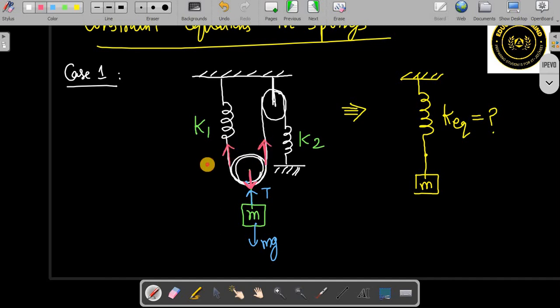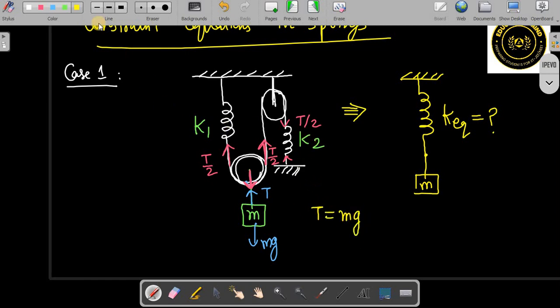It is balanced, so the tension in the spring will be T by 2 on each side. Now this tension T is equal to mg, because right now this is balanced, in equilibrium.